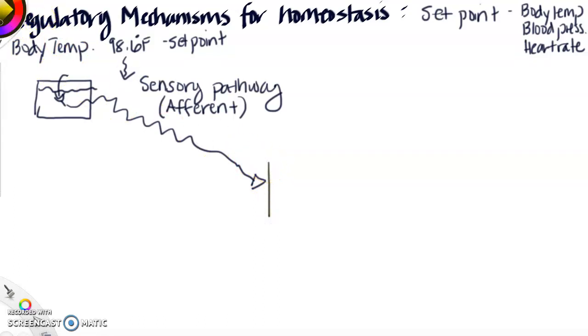And basically, this is the control center. And the control center is the central nervous system, which is basically the brain and spinal cord. This is where the input occurs.